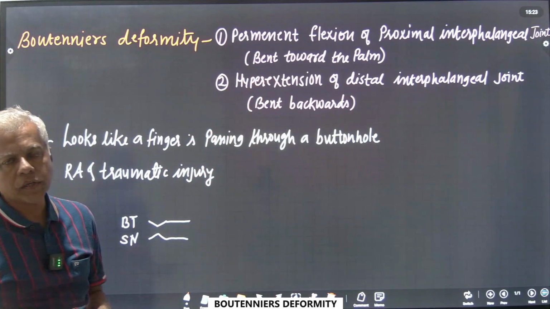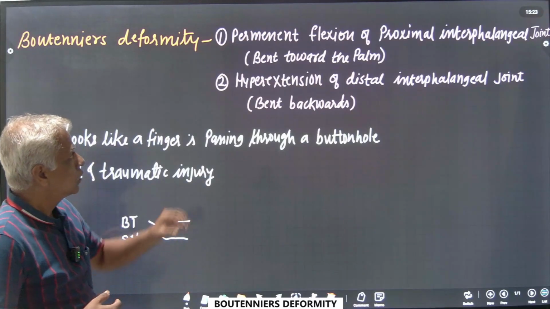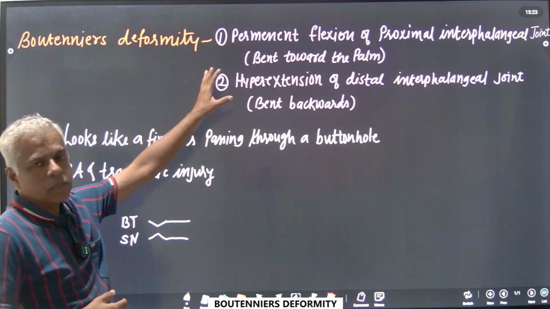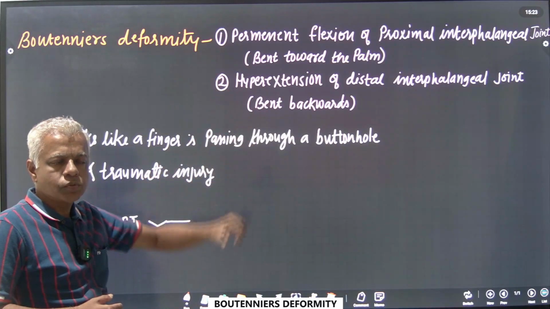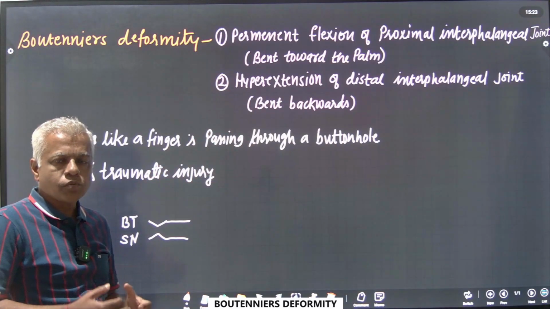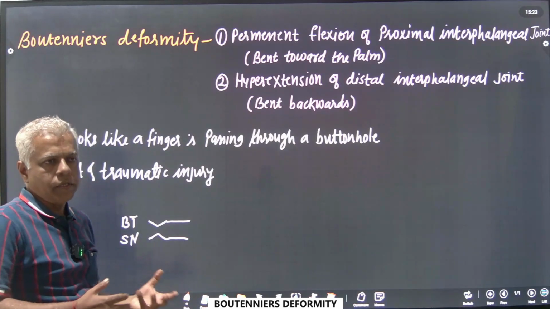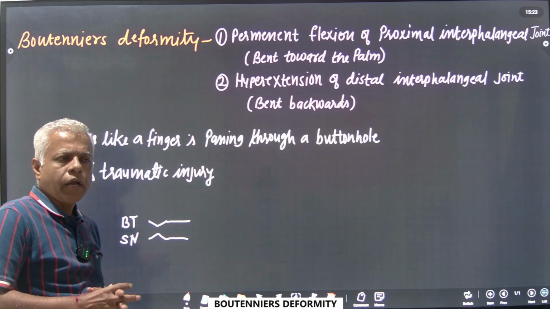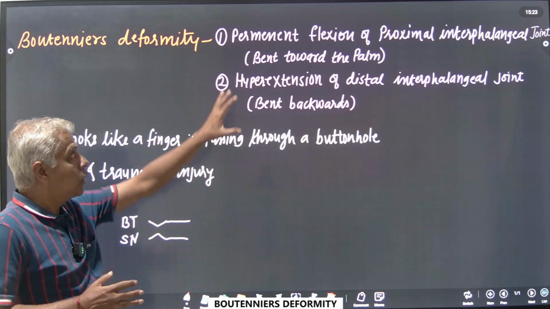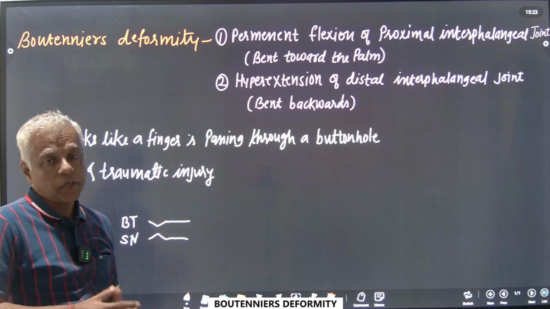Now permanent means that whatever changes we have seen with the swan neck deformity or the Boutonniere deformity or any other deformity, they are almost permanent. Even though I have mentioned the word permanent here, this is true for the swan neck deformity also.